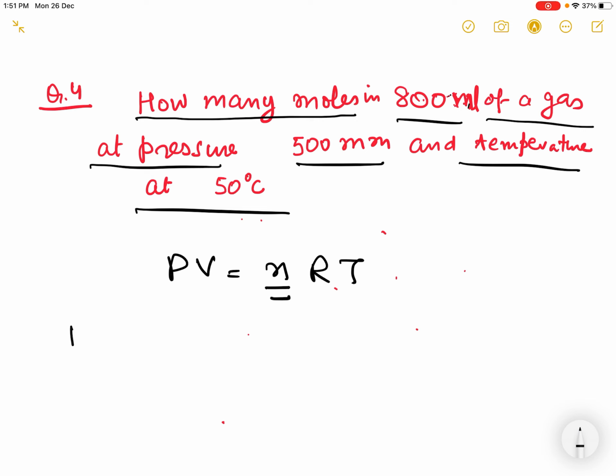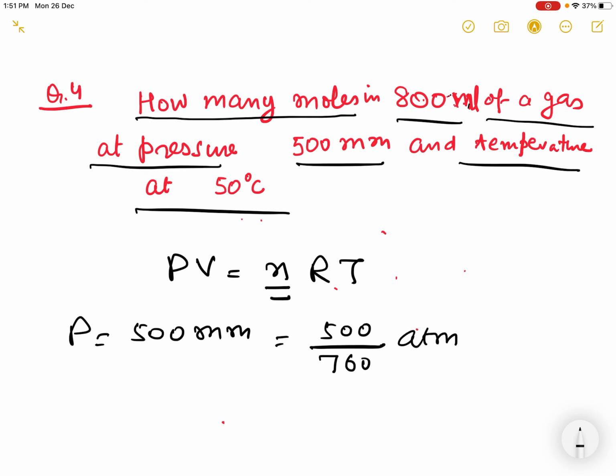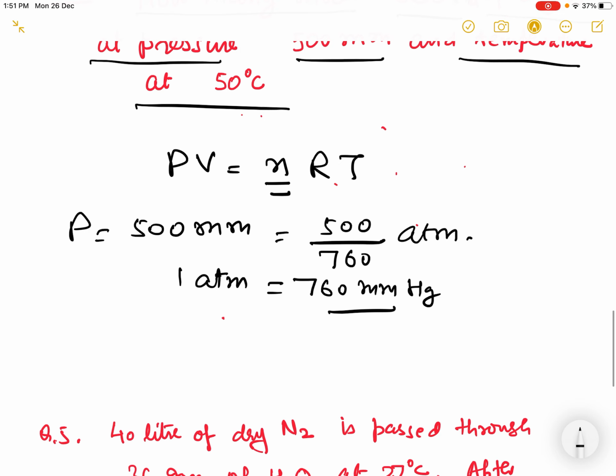Here P is equal to 500 millimeter and we have to convert it into atmospheric pressure, then it is 500 divided by 760 atmospheric, because 760 millimeter pressure is equivalent to 1 atmospheric pressure. So for converting millimeter into atmospheric pressure, we divide the value by 760.